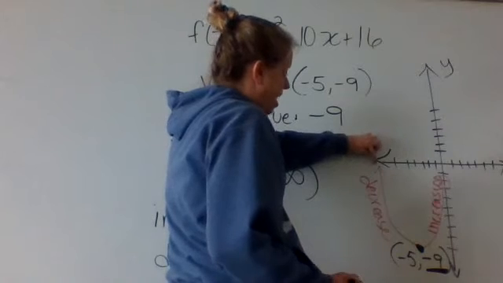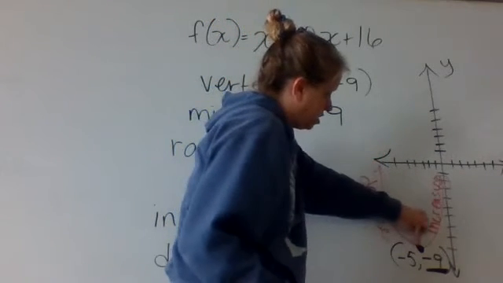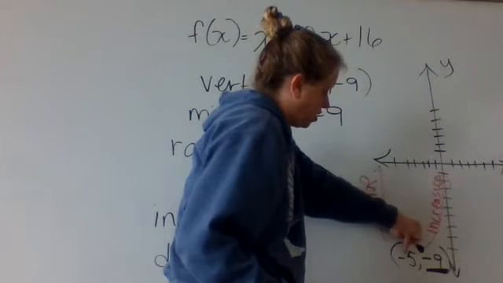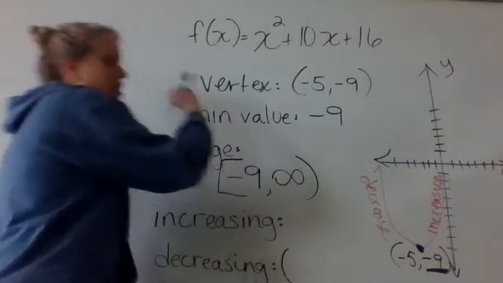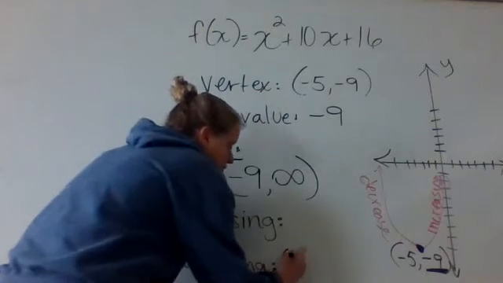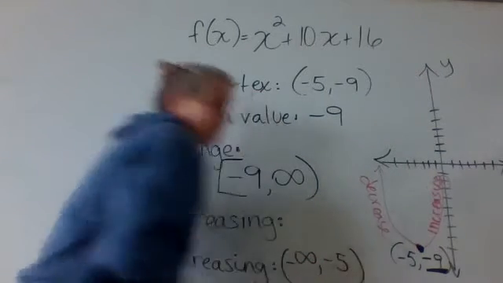From the x values, this right here is the start of the decrease, and it decreases till you get to this point. So you're decreasing until you get to -5. So you're decreasing starting all the way from the left, so from -infinity until -5.